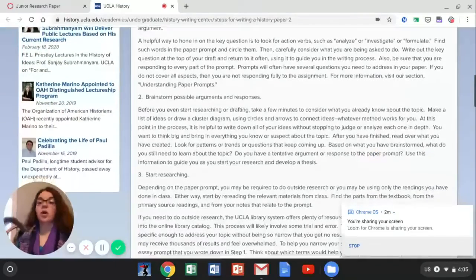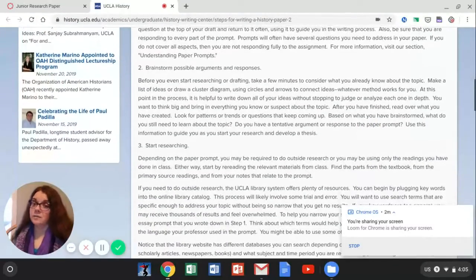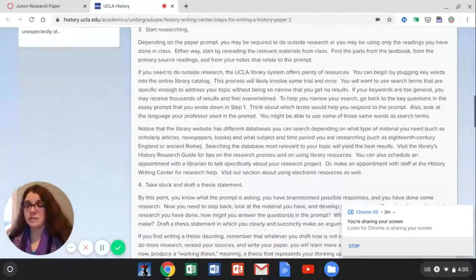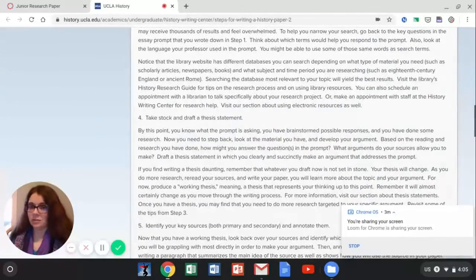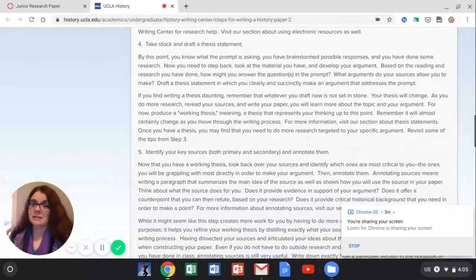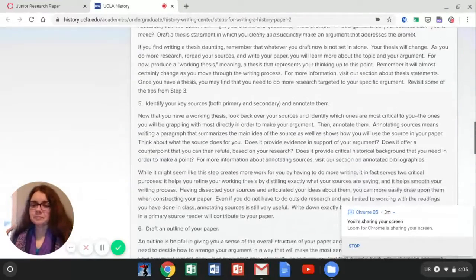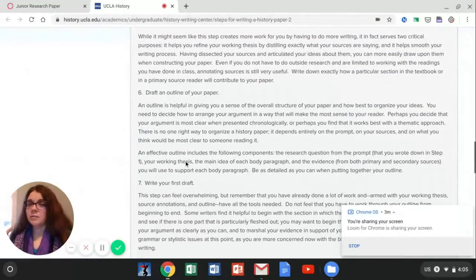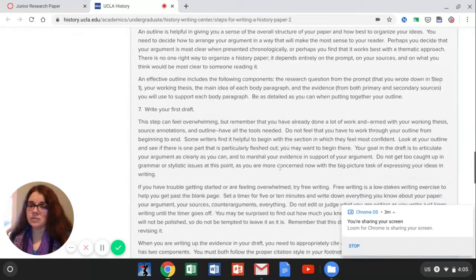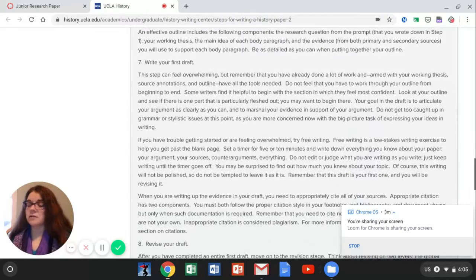This goes through the whole process. Hopefully you've gotten some of these earlier steps well underway already, but I can't see you well, I don't know if you haven't turned things in, but anyway. Hopefully you're at the outline stage right now and getting to first draft territory.